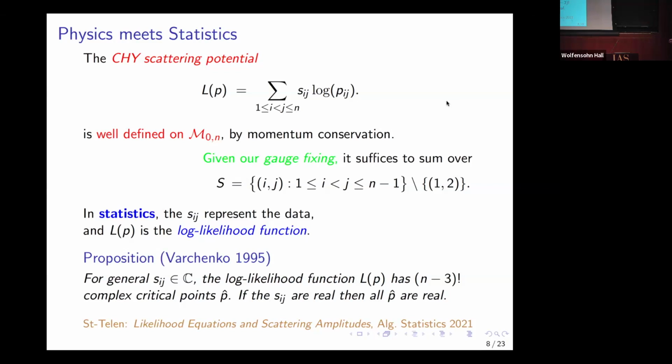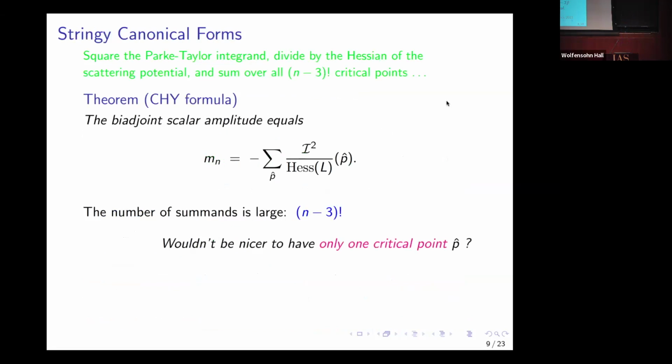Okay, and this has been discovered and rediscovered many times, and in combinatorics, this is usually attributed to Varchenko. It's known as Varchenko's formula that says if you have a hyperplane arrangement and a corresponding log likelihood function, then the number of complex critical points will be the number of bounded regions in the hyperplane arrangement, and you also have this reality statement. Okay, so this is the scattering potential.